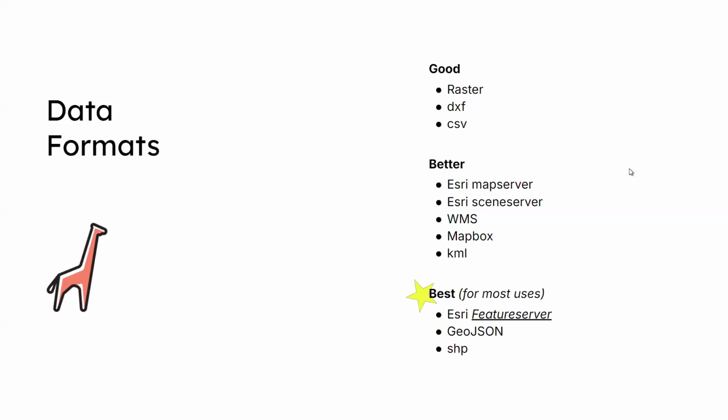The reason I didn't give it a best rating is because you're not able to use our data table functionality on those in Giraffe. So we'll take a look at that, but it basically means you get all of the benefit of the visuals of that data on your map, and it still can be very informative, but you can't filter and style those API links like you can with an Esri feature server.